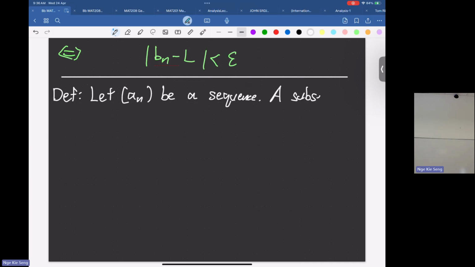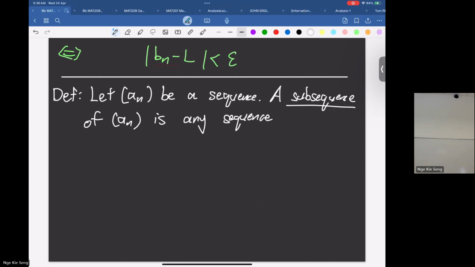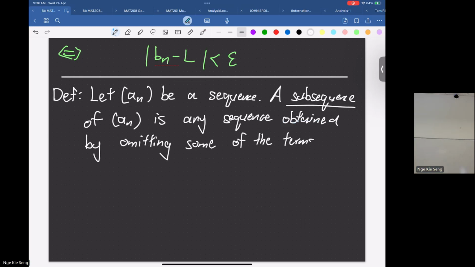A subsequence of a_n is any sequence obtained by omitting some of the terms of a_n.